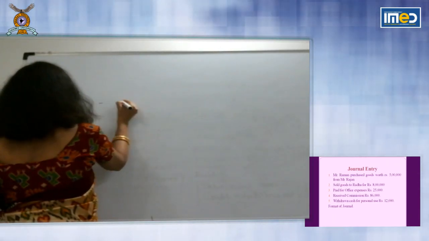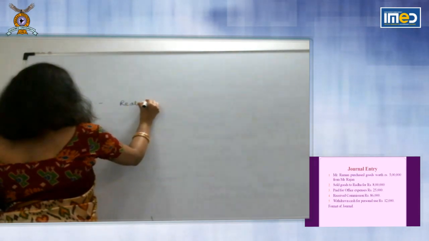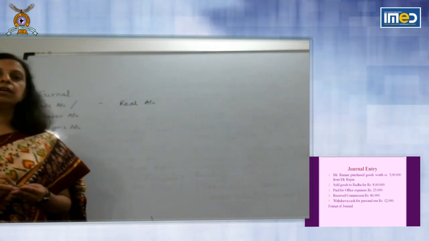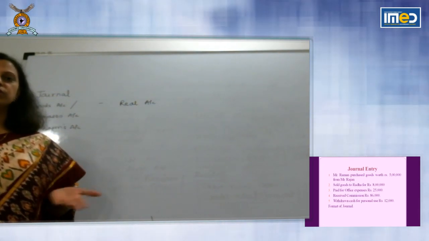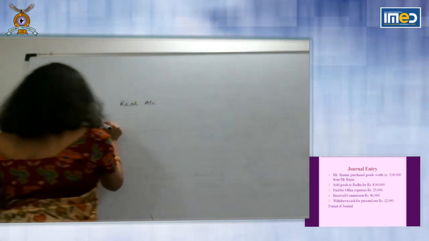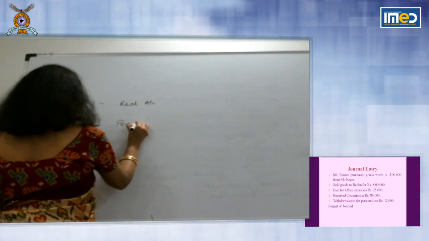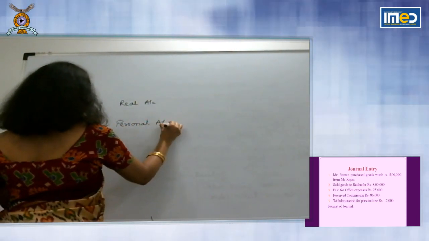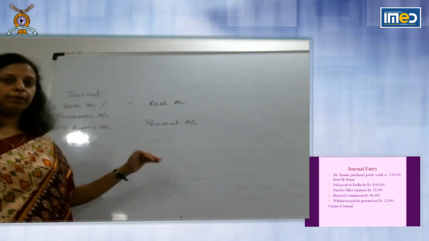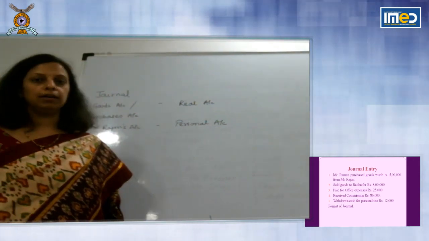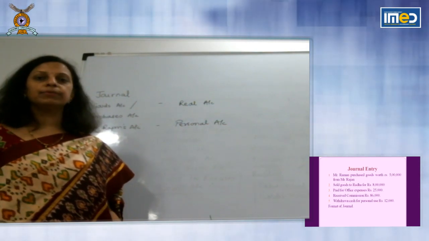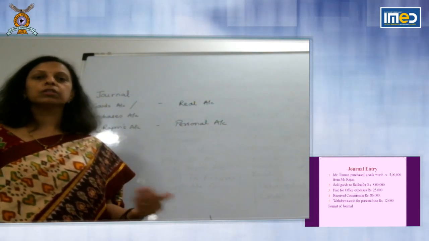So step 2, which type of account is it? Real account. The next account involved is Mr. Rajan. So whenever any person is involved, it is a personal account. Step 3, apply the golden rules of accounts. For a real account, the golden rule is debit what comes in, credit what goes out.